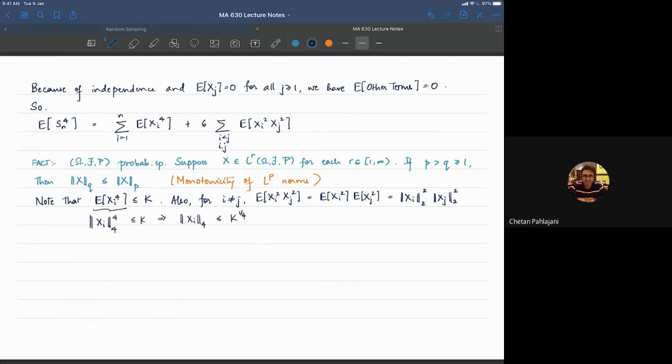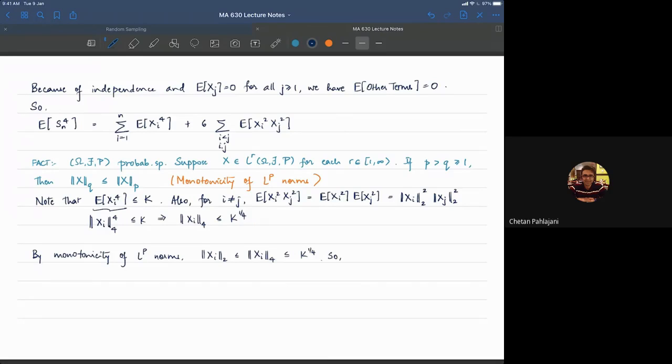Now why am I going to use that? By monotonicity of L^p norms, the L2 norm of xi is less than or equal to the L4 norm of xi, which is less than or equal to K to the 1/4.